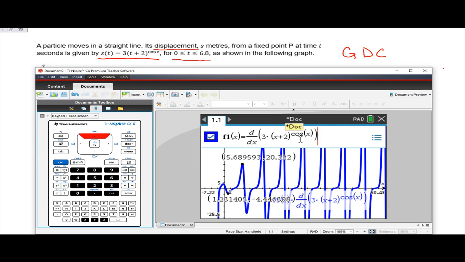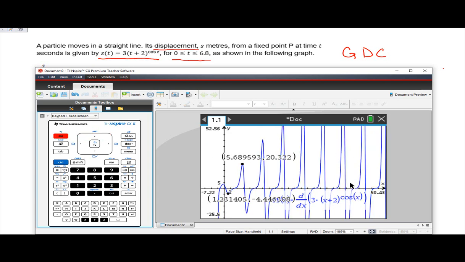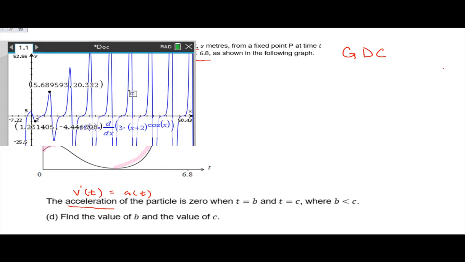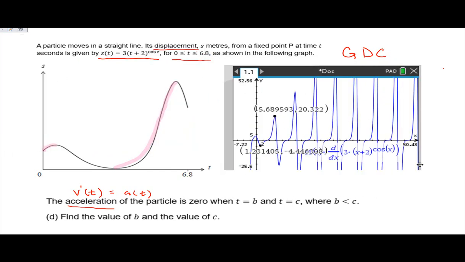When this graphs, it's going to graph the derivative of the function, not the function itself. Once I've done that, this is what I get. This graph represents the derivative of displacement, which means this is the velocity graph. Let me just screenshot this real quick. So this is our velocity graph.